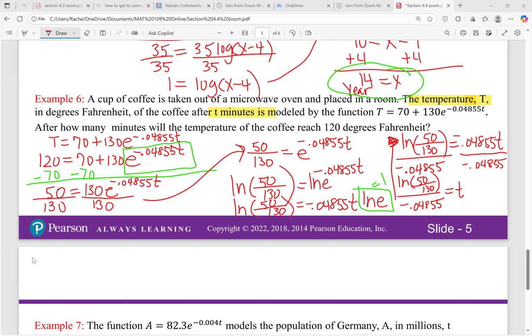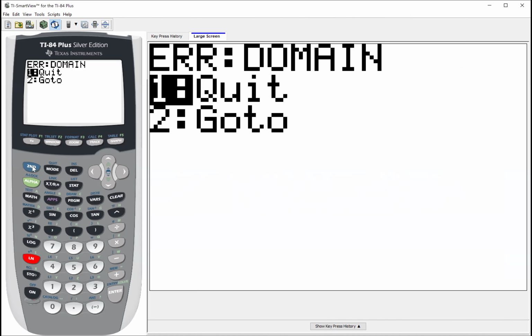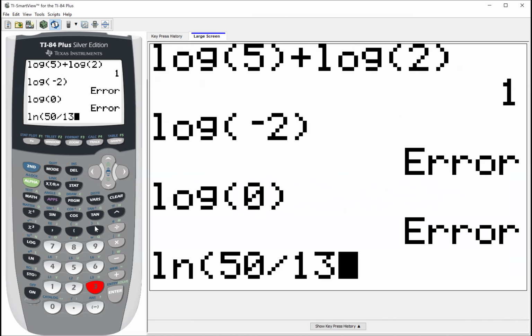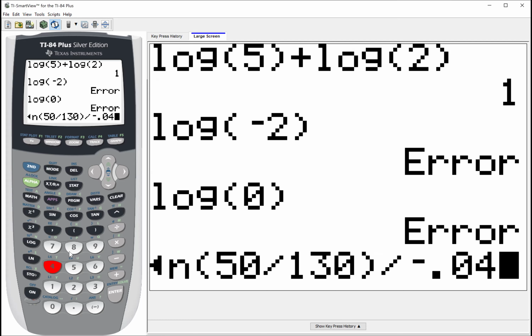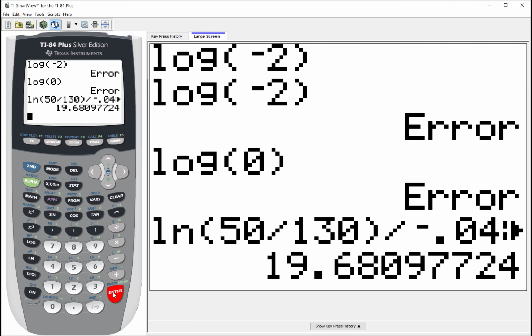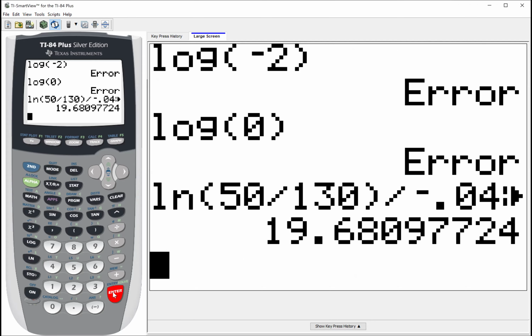So we have the natural log of 50 divided by 130 divided by negative 0.04855. And we get about 19.68.